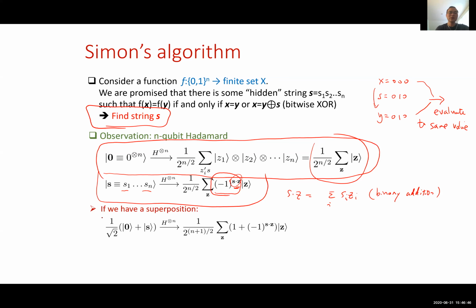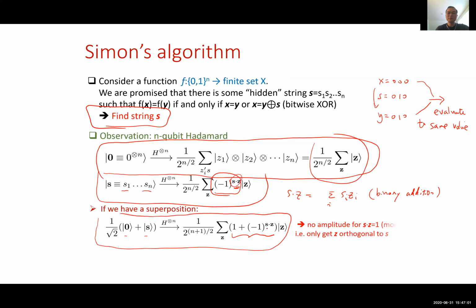Because when we come back to the Shor's algorithm, we will also discuss something similar. So the point is that if you have a superposition of 0 and s after the Hadamard gate, you evaluate to this. And it could potentially be a minus sign factor and adding 1.